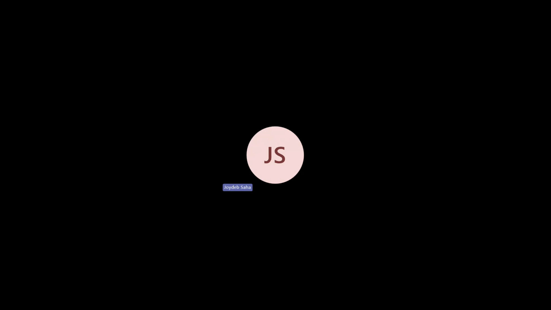Taking Laplace transform on both sides, it will be s square Y(s) plus 3s Y(s) plus 2Y(s) is equal to X(s).